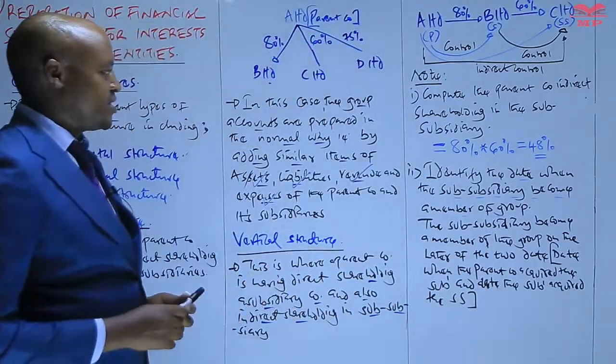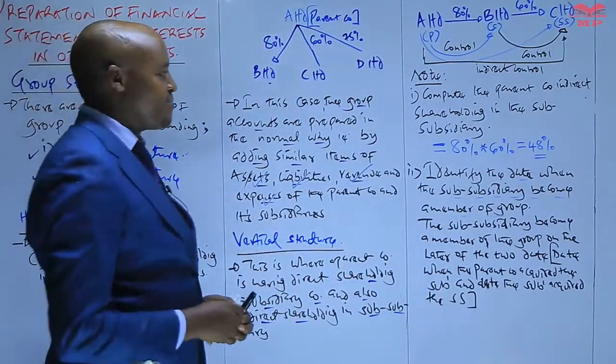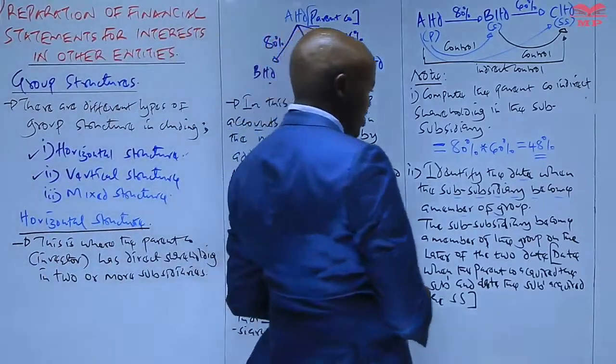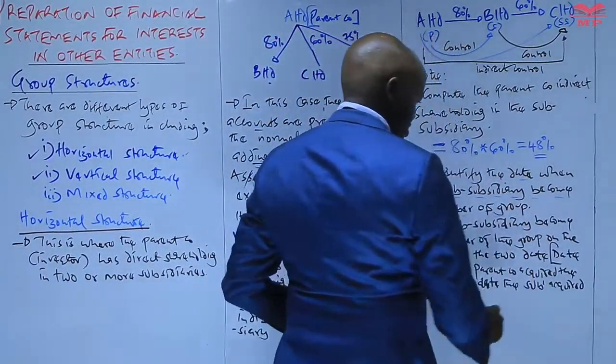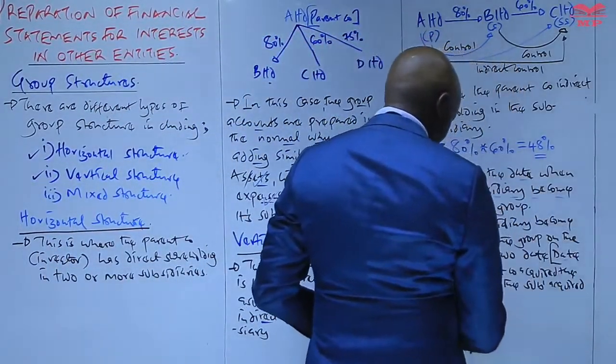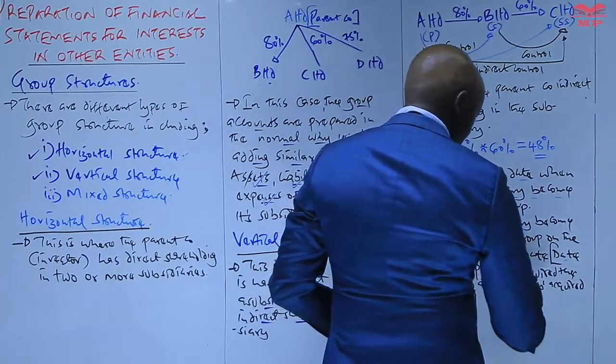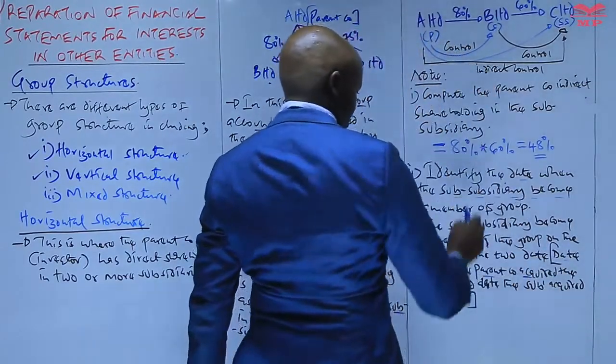So basically we are saying that the sub-subsidiary will become a member of the group on the later of these two dates. The later of the date the parent company acquired the subsidiary and the date the subsidiary acquired the sub-subsidiary.